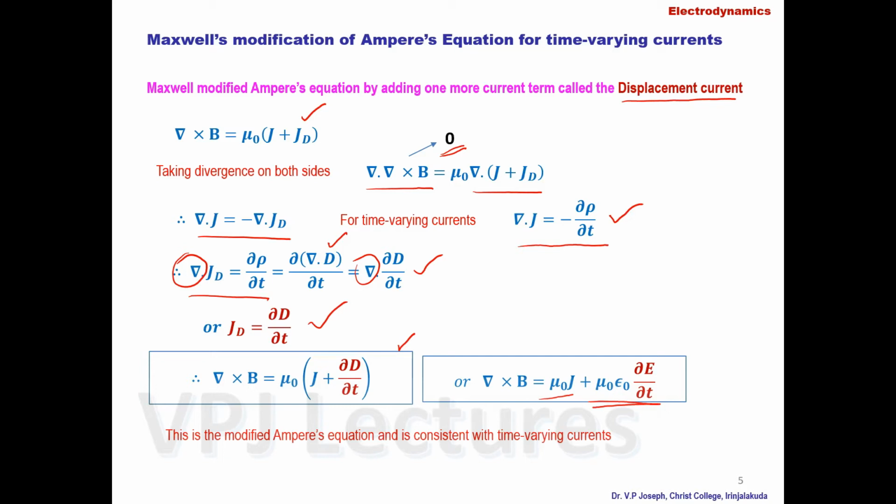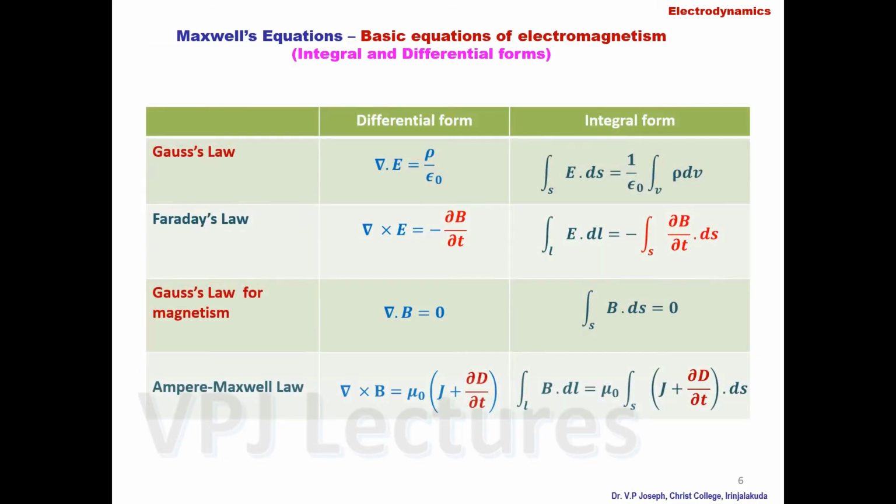So in this equation, we can see that it is consistent with the time varying conditions also. So by giving this additional correction to the Ampere equation, that is the Ampere Maxwell law, also included into the set of equations, we get the four Maxwell's equations.